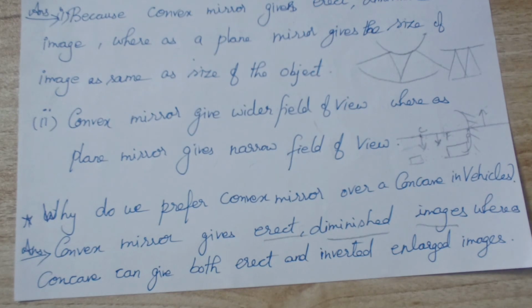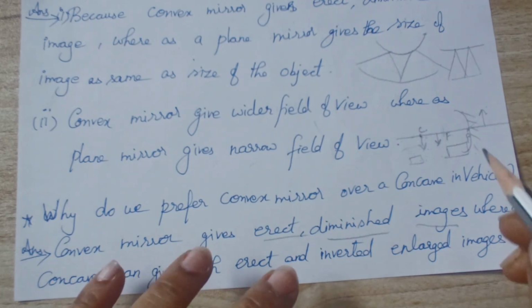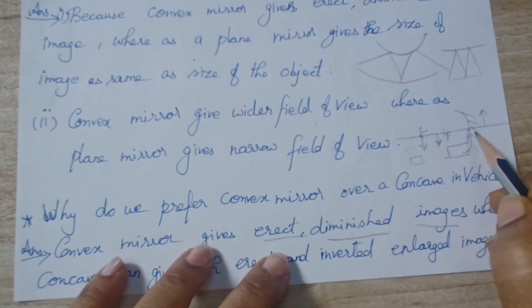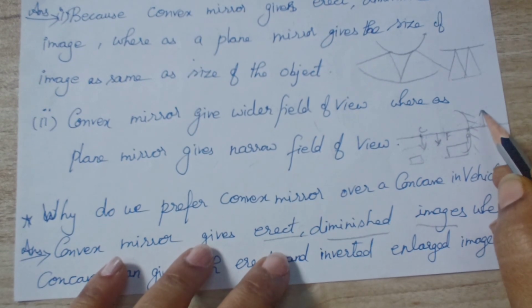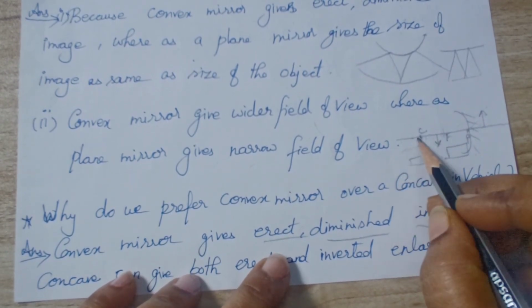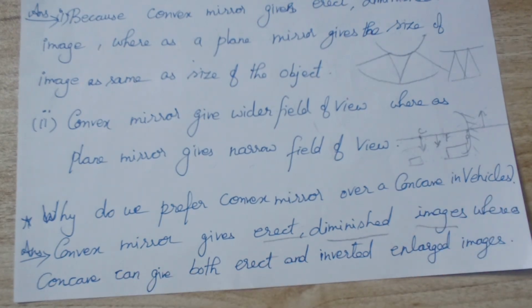Only if you fix the convex mirror will you always get the erect, diminished image. With a concave mirror, when the vehicle is very near, between the focal point and the pole, you get an erect, enlarged image; when it is far away, a real and inverted image. So you will get confused. So the concave mirror is not preferred. You will prefer only the convex mirror for vehicles.